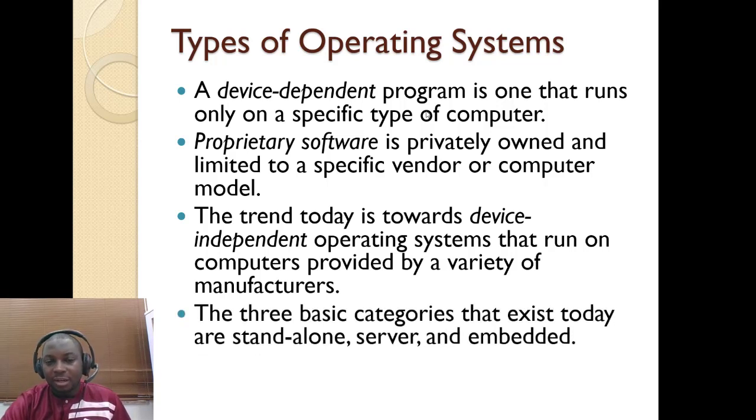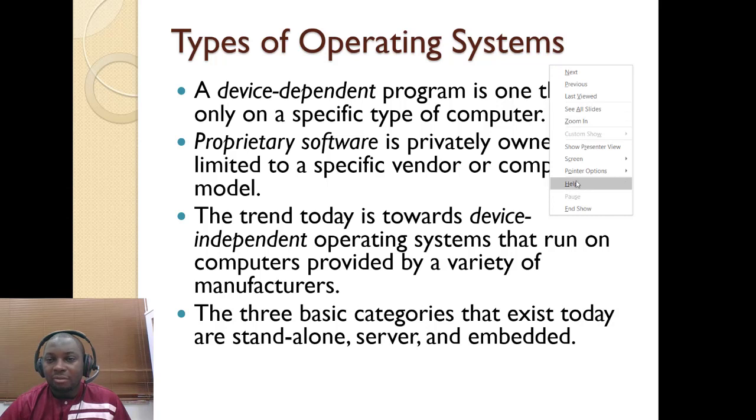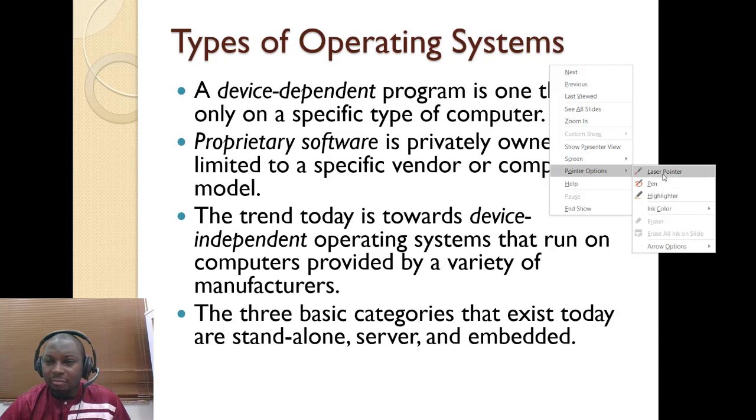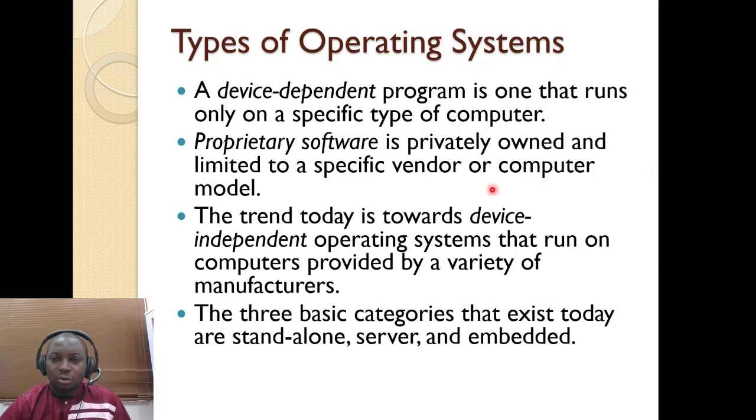There are three basic categories that exist nowadays. We have standalone, then we have the server, then we have the embedded one. The embedded one we mostly find in our mobile devices. All those components are very important to get to know.